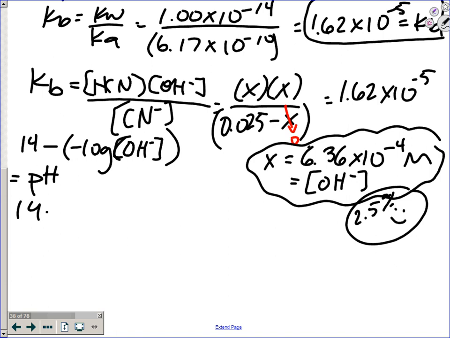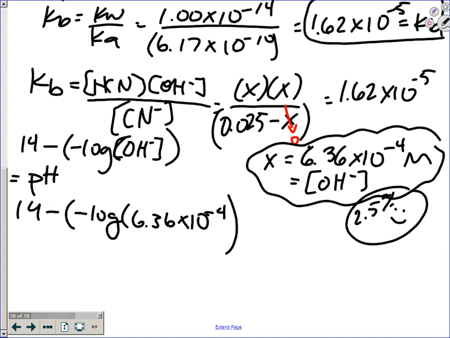So 14 minus a negative log of 6.36 times 10 to the negative 4th, which before you calculate, can you give me an approximate for the pOH using this exponent up here? So between 3 and 4, right? So we know that the pOH is between 3 and 4. So let's just say 3.5. So if that's 3.5, then what's the pH? 10.5, right? So what is it when you calculate that?